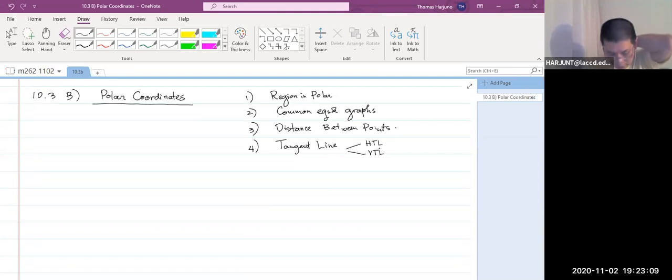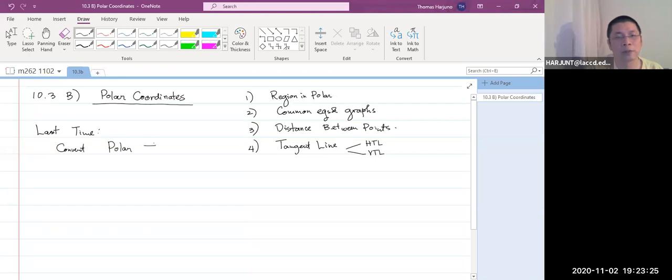Last time we have done converting. So the one we did last time was convert from polar to rectangular, vice versa.